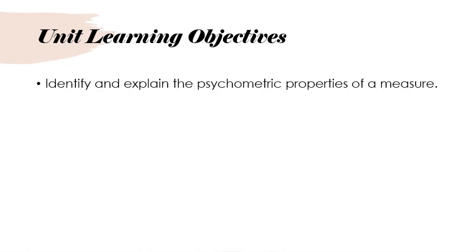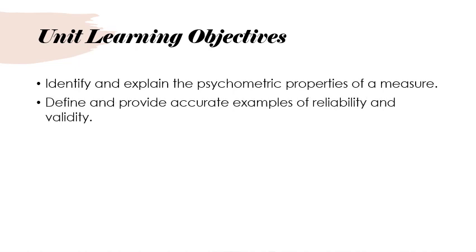So our unit learning objectives for this unit include the following. I want you to be able to identify and explain the psychometric properties of a measure. I want you to be able to define and provide accurate examples of reliability and validity.